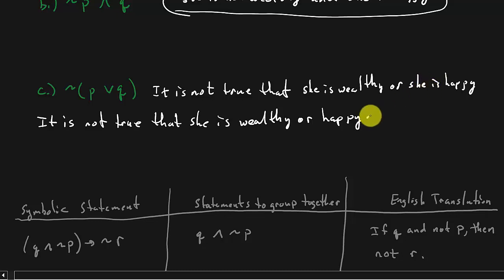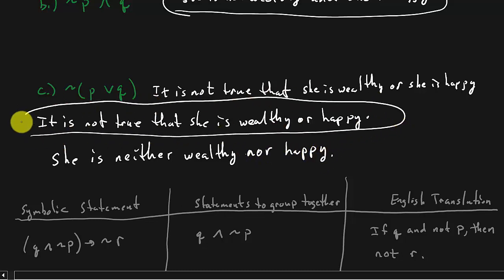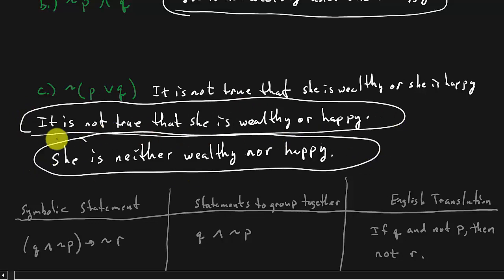What would be another way? Remember what we're trying to say here, that she's not wealthy or happy. So we could say she is neither wealthy nor happy. So you know, this one or this one.